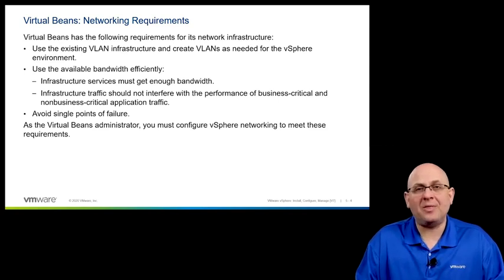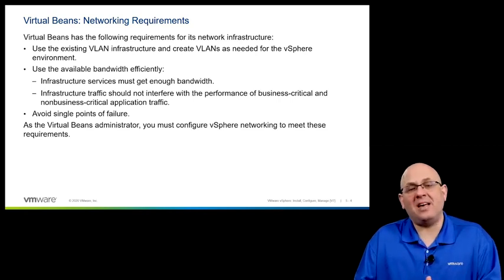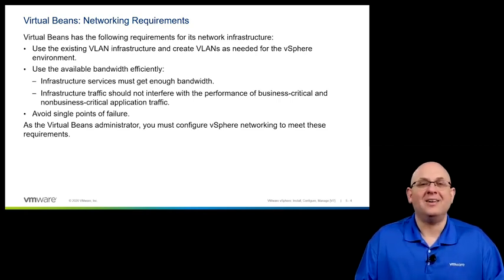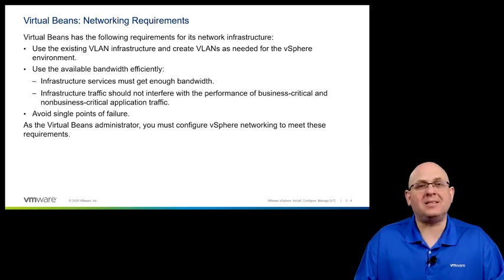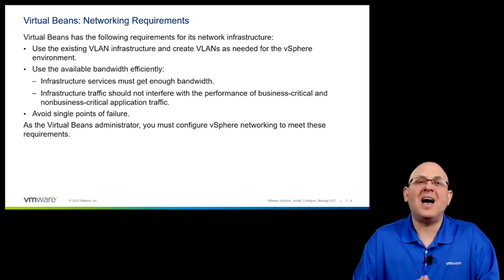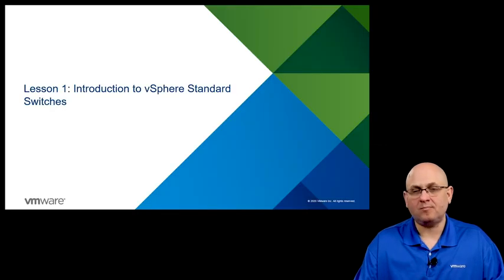So we'll look at how that's done as well. We also want to make sure that we avoid single points of failure in the environment. So NIC teaming, standby, active and failover, active and standby networking and physical ports are also important in this environment. Okay? So it's our job as the administrator to architect this as well as to implement this networking.